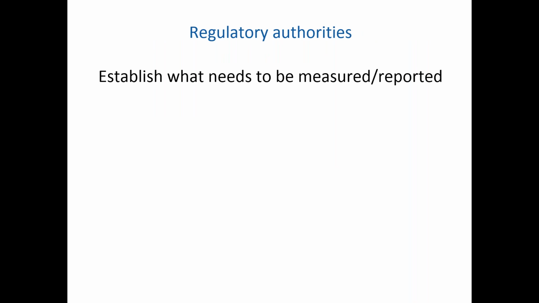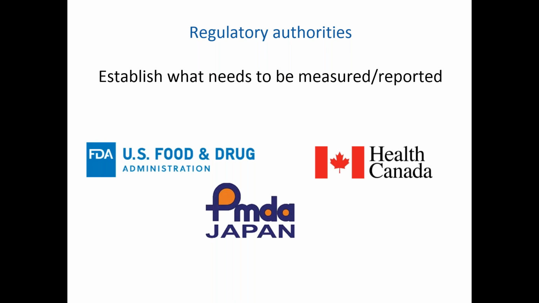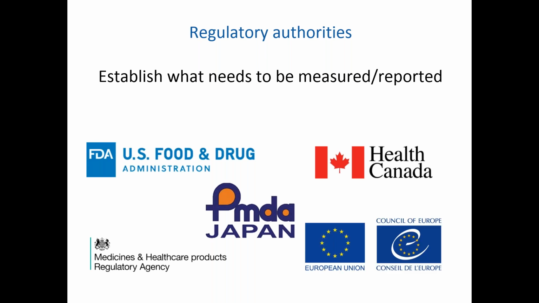So clearly in the US, we have the Food and Drug Administration. A little further north of the border, we've got Health Canada. Across the Pacific, we've got PMDA in Japan. In my own country, we have the Medicines and Healthcare Products Regulatory Agency, and they operate under the same set of regulations as are specified by the European Union in the regulations that come out of the Council of Europe.